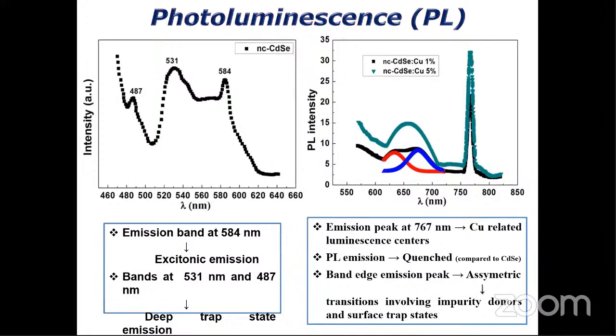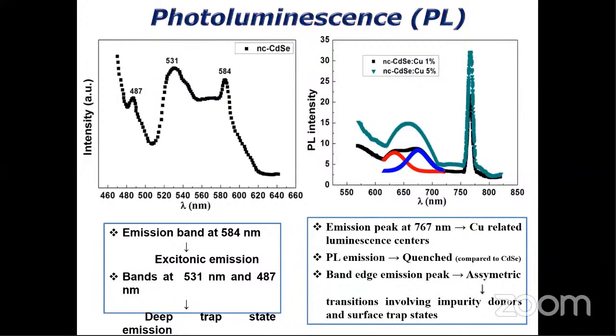The emission peak at 767, in the copper-doped case, is coming due to the copper-related luminescence centers which have been created after the copper doping, and the photoluminescence emission is quenched.